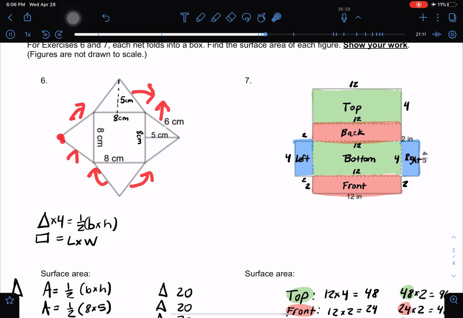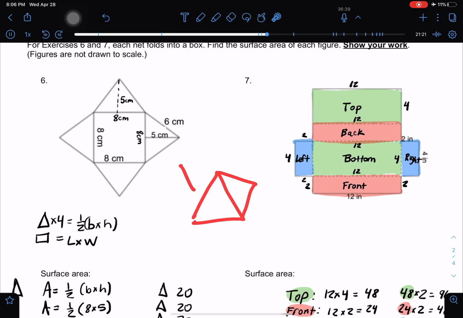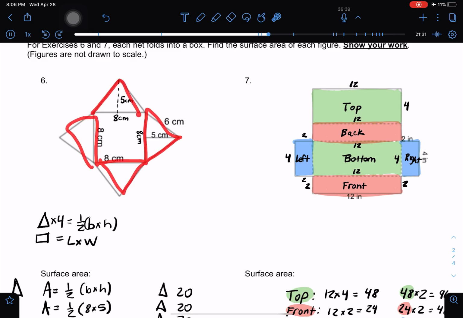And as we know from our prior knowledge, a pyramid does have the shape of a triangle. So the most logical thing to say here is that it is most likely that number 6 will fold up into a pyramid because it has the 4 triangles that will meet to give that pyramid shape.